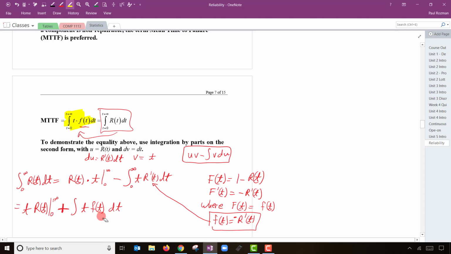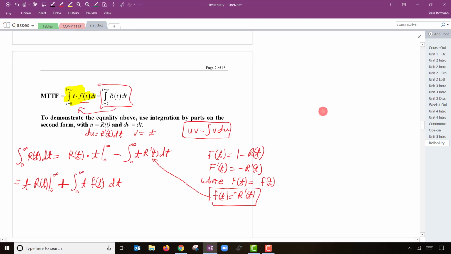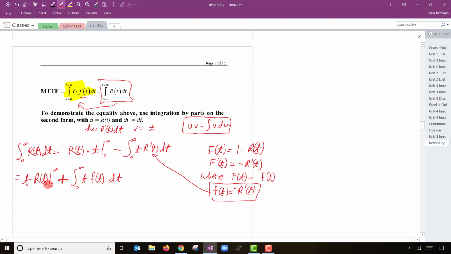So we're actually pretty much done with this as long as we can convince ourselves that this piece here ends up being 0. Now, if you evaluate this thing at infinity, you get infinity times the reliability of infinity. Basically, think of this as what's the probability that something lasts infinitely long, which would be 0.